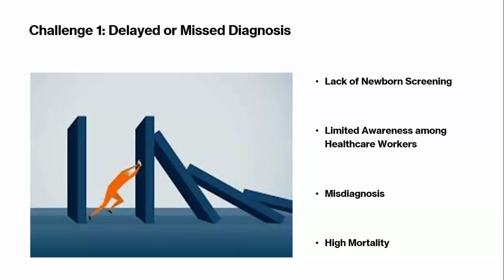And these things will eventually come out, maybe when a child is 3, 4, 5 years old, or sometimes at puberty. We understand that sometimes at puberty is when some of the signs start to show. So it's unfortunate that because of the lack of screening and lack of awareness, it becomes a challenge for diagnosis to be done. And then another thing is misdiagnosis itself.